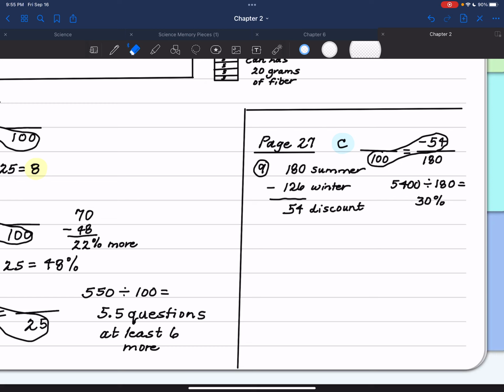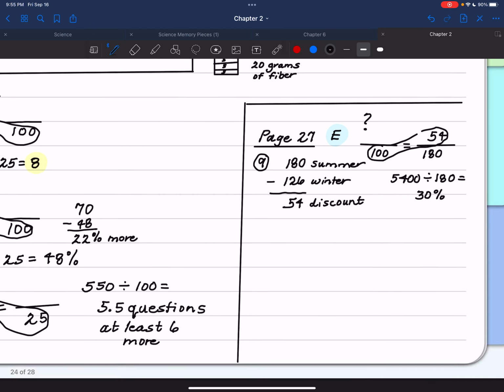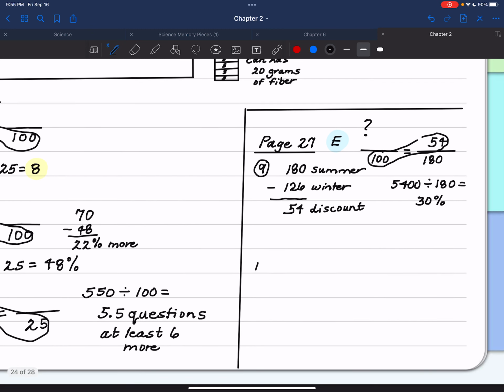So let's take that out. I could be wrong here, but I believe the answer is going to be E. And we'll check it. I'm going to put a big question mark right here so that I remember to look at that when we come back. But this book uses the word discount in the question, and they usually don't use the negative sign. But we'll check it to be sure.